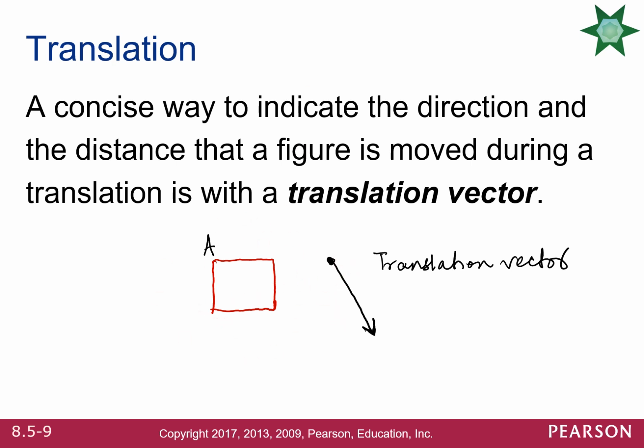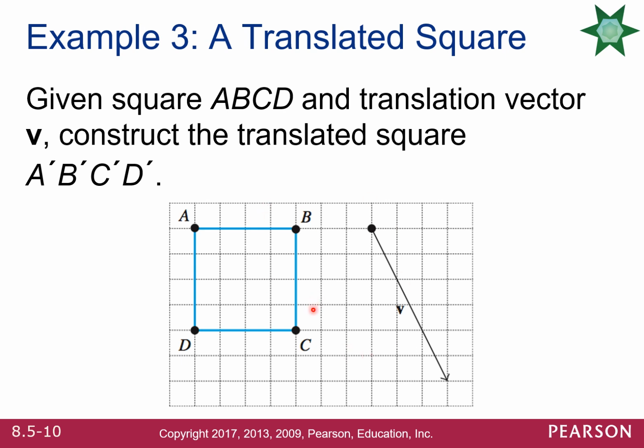All right. So here's an example of translating a square figure to a different position. Now, to what position it will be translated will be obtained from this translational vector provided to us.